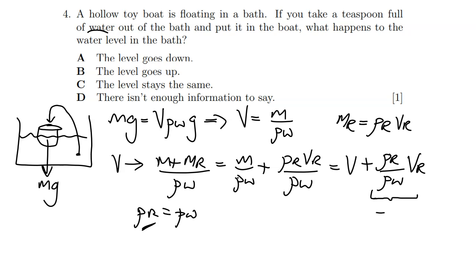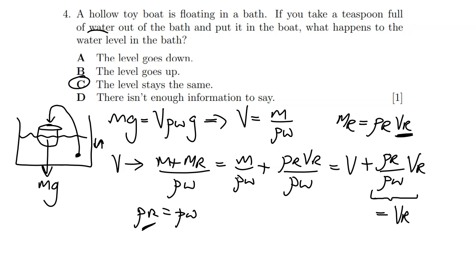And that means this additional term, in our case, is just V r, or the volume of the rock, or the volume of the arbitrary object we removed from the bath. Now what does that mean? It means precisely the volume that we removed from this bath, and therefore the level will have decreased. Once we put that volume back in, the displaced volume brings it right back up to where it was before. So actually, the answer is C, the level stays the same.